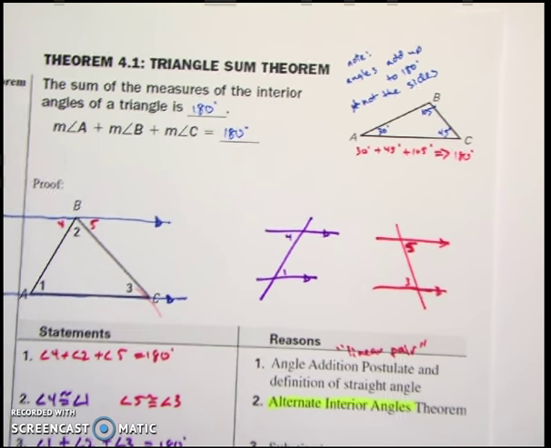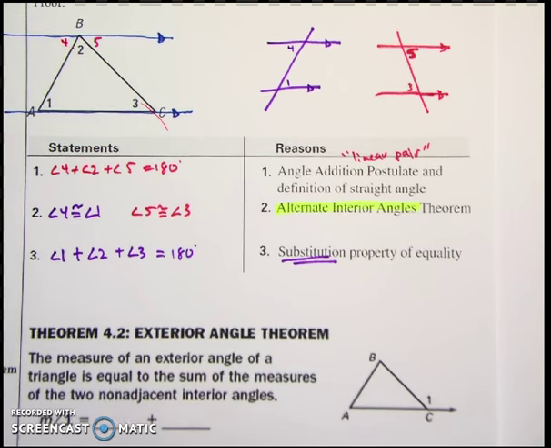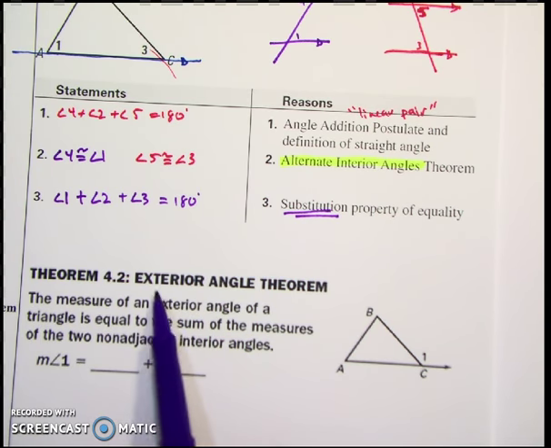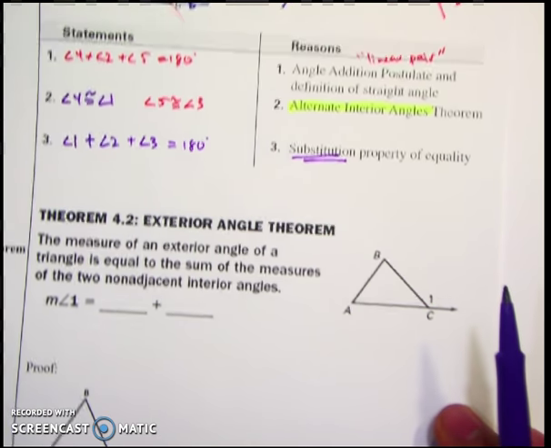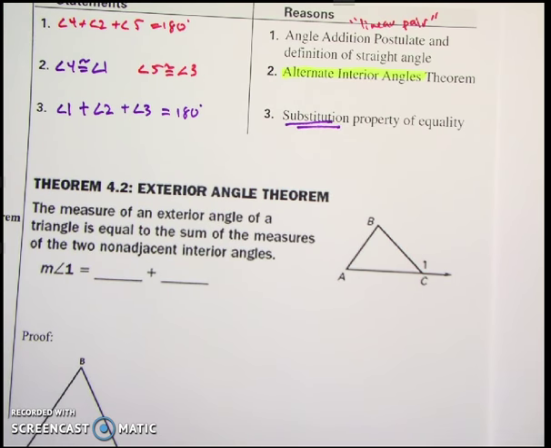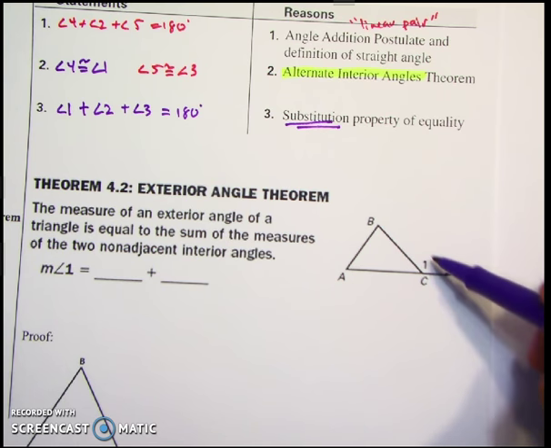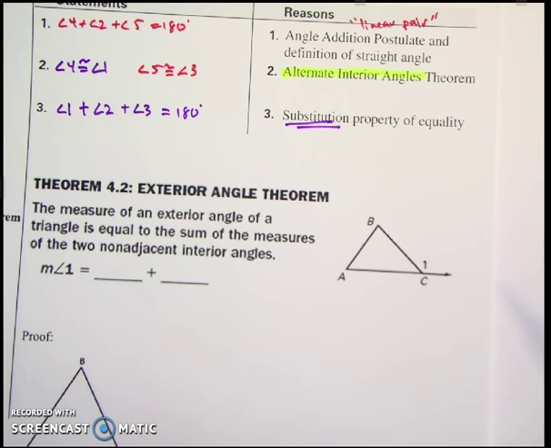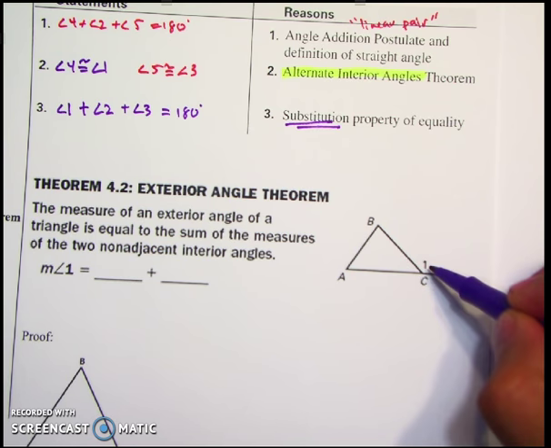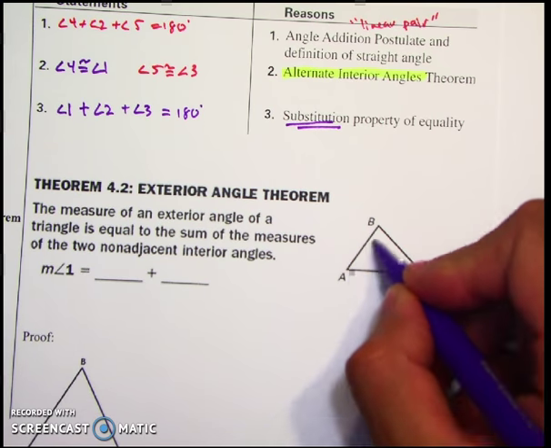Later on, you're going to discover what we call exterior angle. Now, exterior angle is very easy to derive. Very easy to prove how many degrees it is. So if you take a look at this, what exterior angle does is to talk about the outside. See this angle 1 on the outside of this triangle? Well, what they're trying to say is that angle 1 is equal to the angle inside these two.